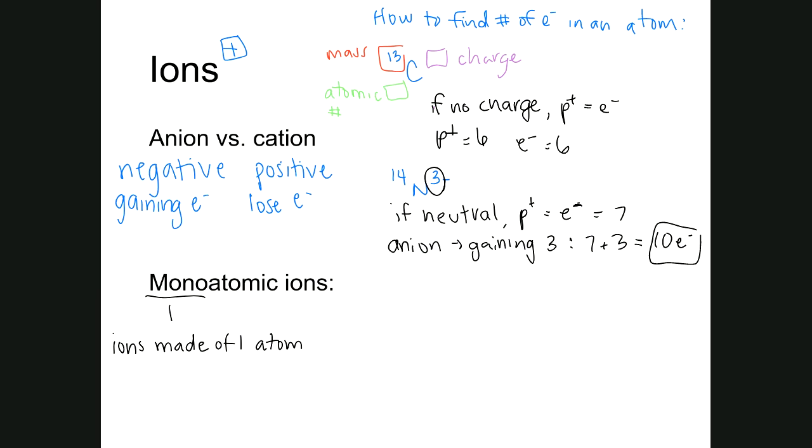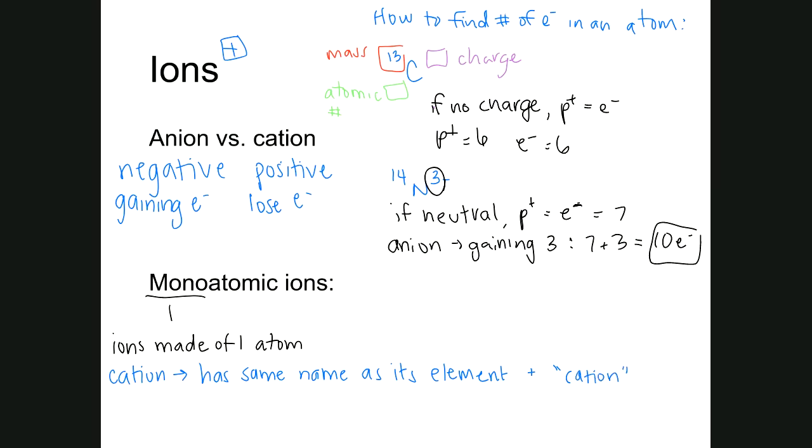And so when we are naming these ions, we can break it down into rules based on the cation or an anion. So if we're looking at a cation, these are very easy for us to name. The cation is always going to have the same name as its element. And then we add the word cation at the end.